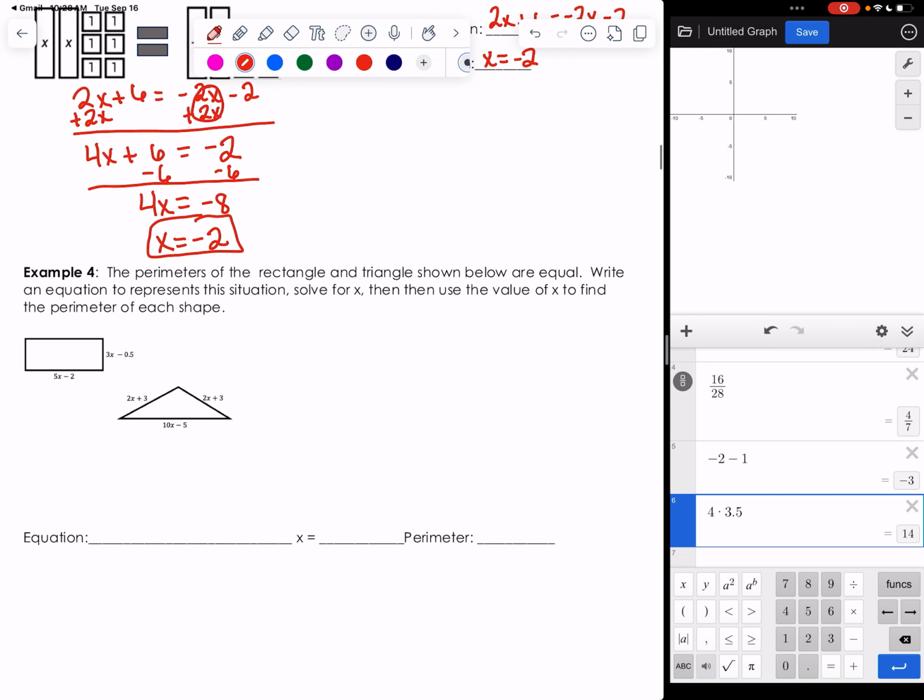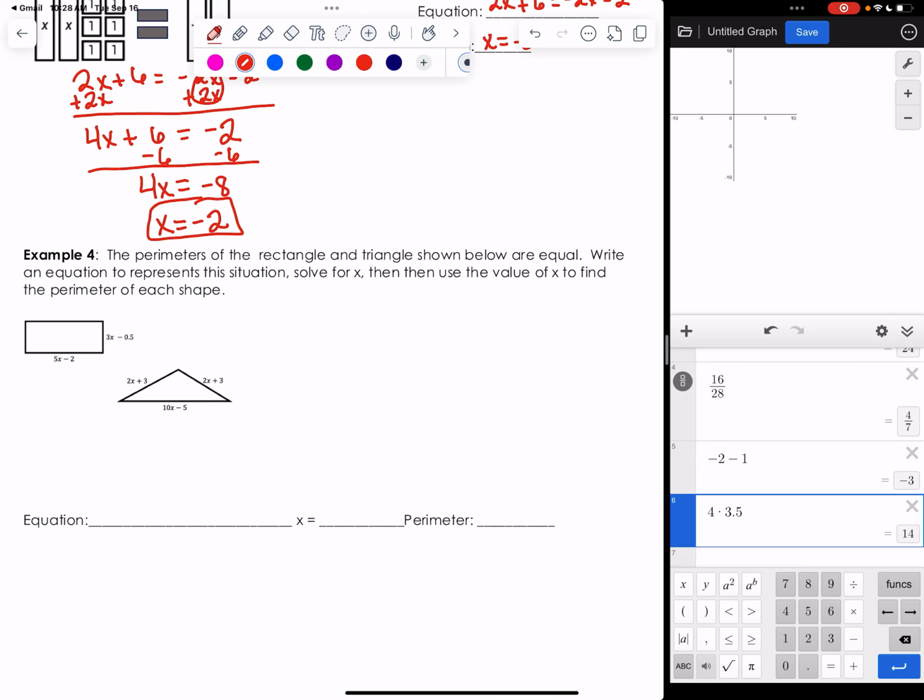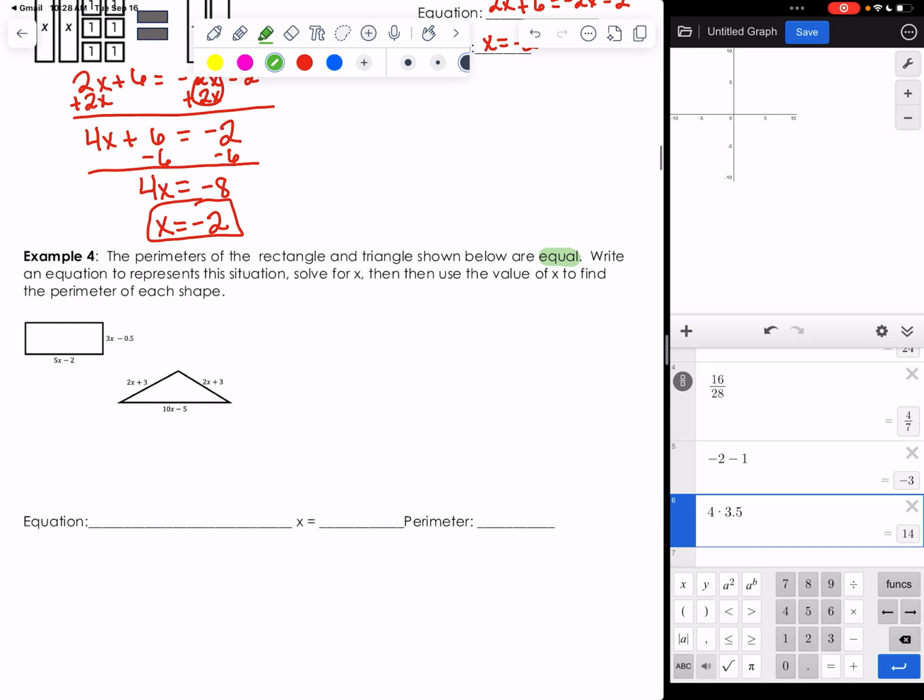All right, example 4. The perimeters of the rectangle and triangle shown below are equal. I want to highlight that because it's important in this problem. Write an equation to represent this situation and then solve for x. Now, what you have to remember is to find the perimeter of any shape, you simply add up all the sides.